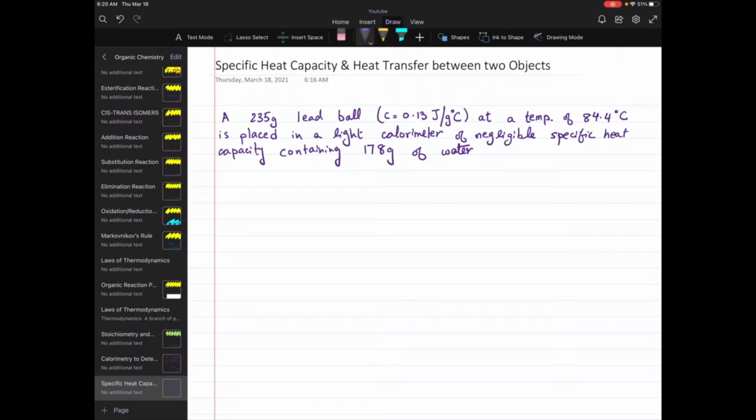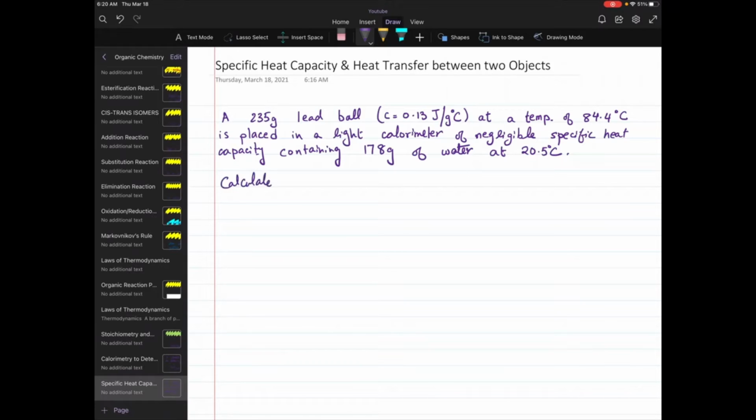Again, no chemical reaction, just a physical transfer of heat. And this one is at 20.5 degrees Celsius in the beginning. So this is the temperature of the water before the lead ball was added to the container. Now, they're asking us to calculate the equilibrium temperature of the system.